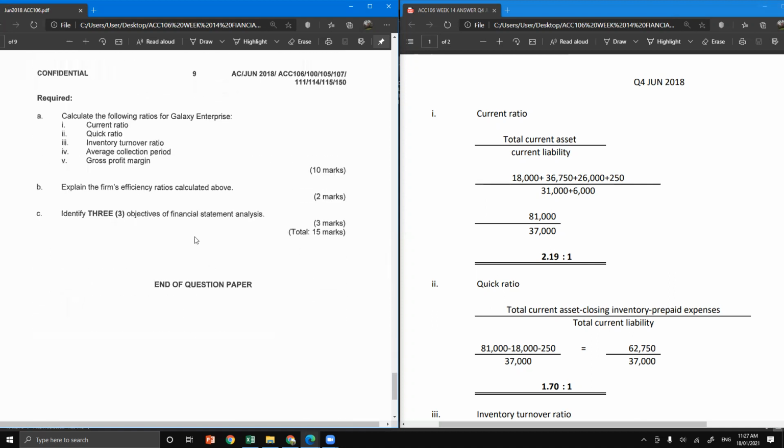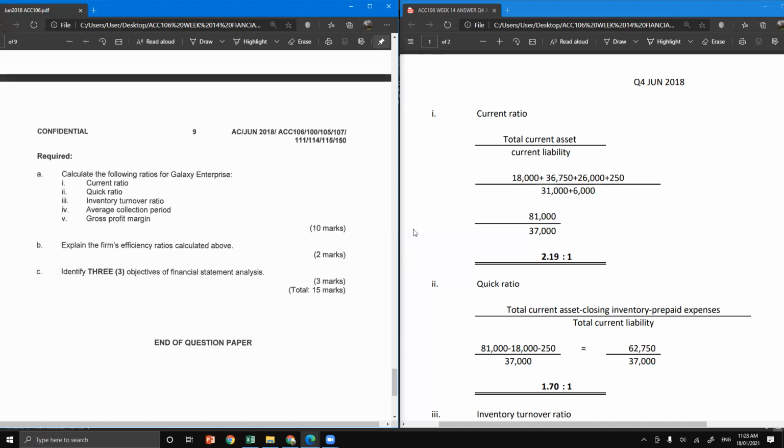And the next question, 2, quick ratio. The formula is total current assets minus closing inventory minus prepaid expenses, divided by total current liabilities. So total current assets is equal to 81,000 from the calculation above.